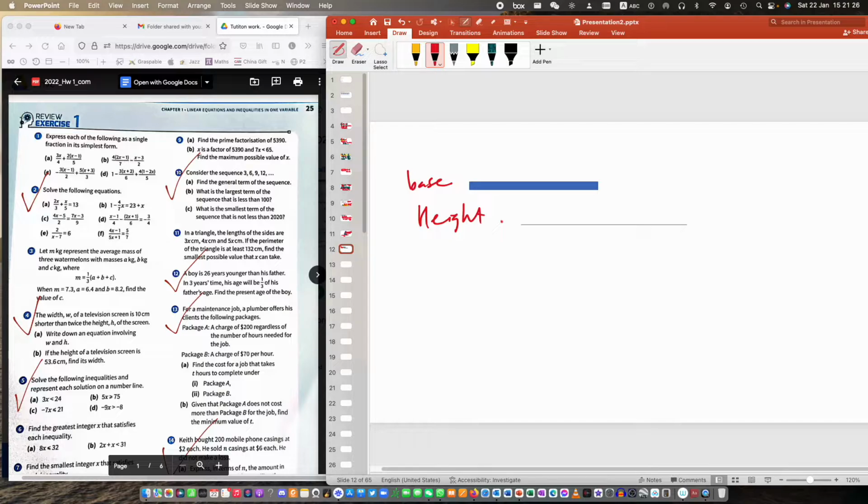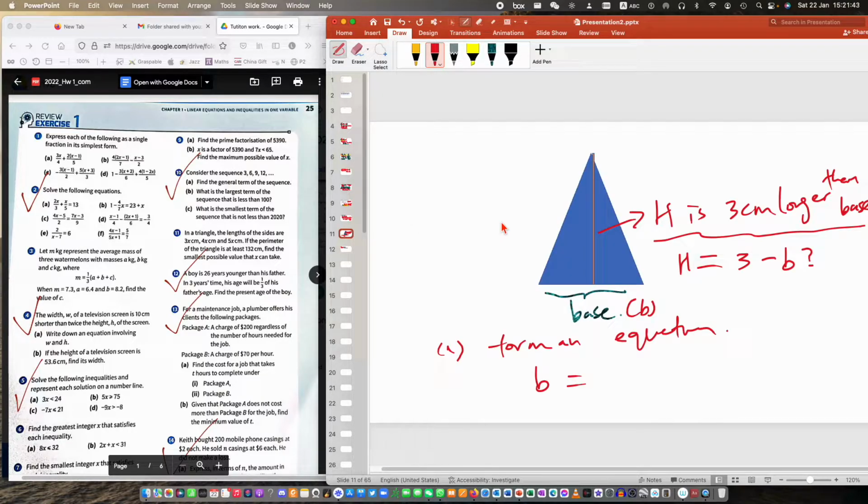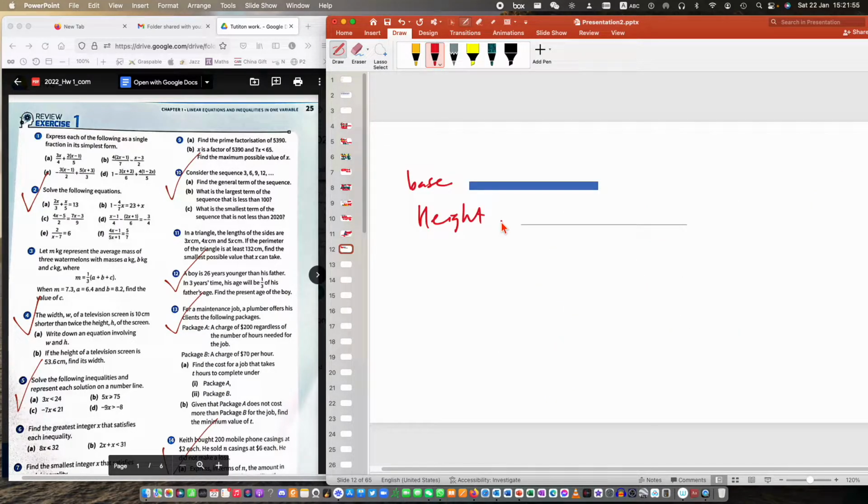If you don't repeat, that means this statement never sinks into your mind, that means you will never understand it. Just repeat my statement. Height is 3 cm longer than the base. Repeat. It has to sink in. If it doesn't sink in, it doesn't register. Height is 3 cm longer than the base.